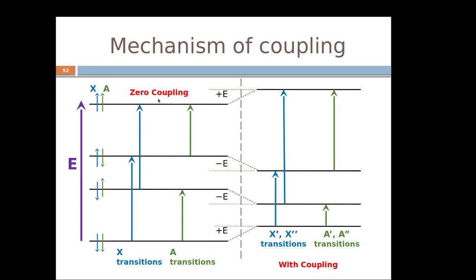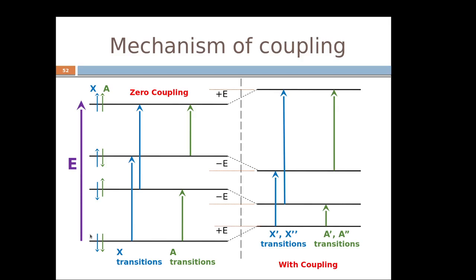So initially we assume that the coupling between A nucleus and X nucleus is 0. That means there is no effective coupling between A nucleus and X nucleus, and we are going to see how the nuclear transition could happen for these nuclei. In order for a nuclear transition to happen, the nuclear spin state of the corresponding nucleus should reverse its spin. So let's start from the lower energy level and look for the X transition, the nuclear transition of X nucleus.